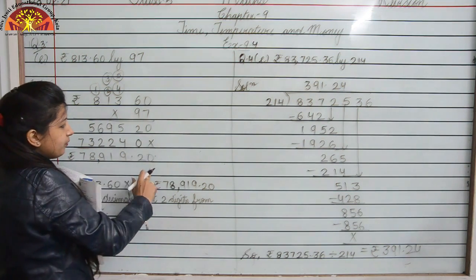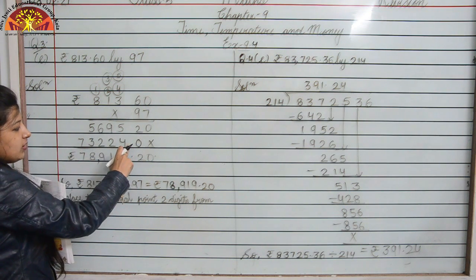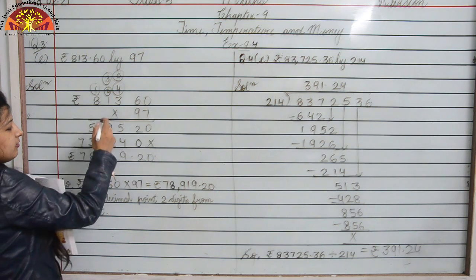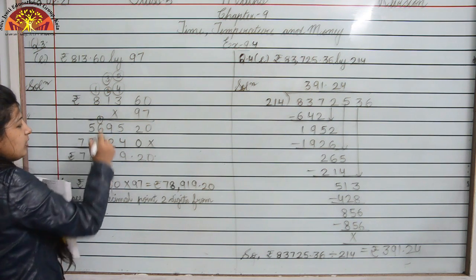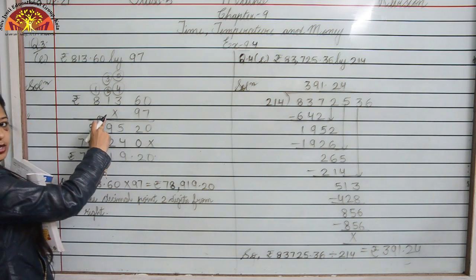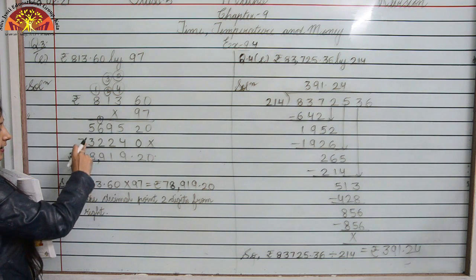So 0. 2 plus 0 equals 2. Now 5 plus 4 equals 9. 9 plus 2 equals 11, we will write 1 here and 1 carry over. Now 6 plus 2 equals 8. 8 plus 1 equals 9. 5 plus 3 equals 8 and 7.